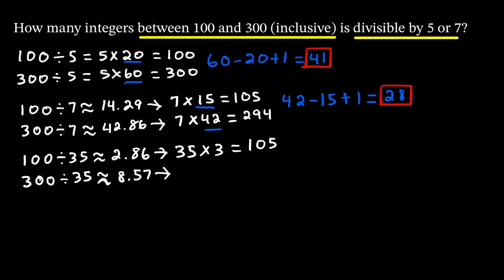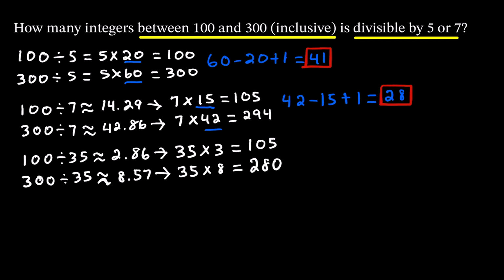Our last multiple in this range is 35 times 8. Notice I've rounded 8.57 down, so the whole number is 8. 35 times 8 is 280.